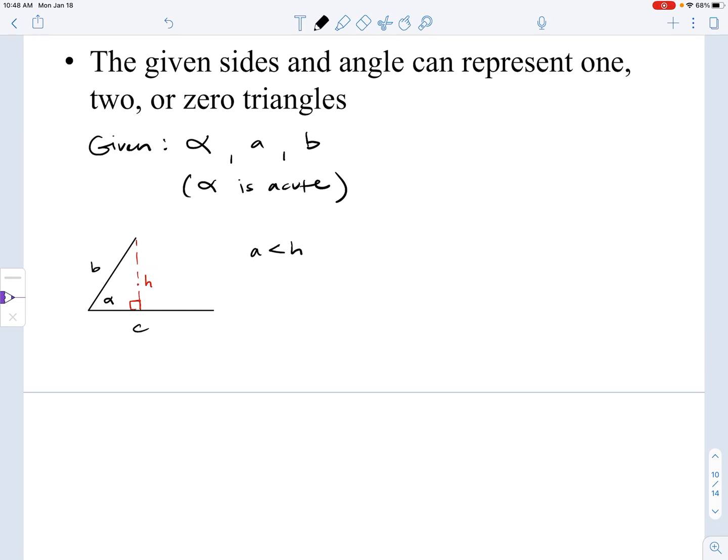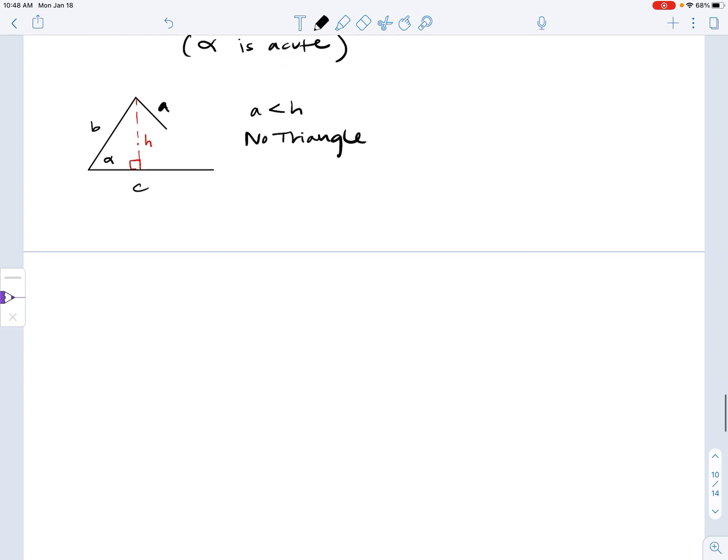So if side A is shorter than the height, think about that. Then side A would just hang here and it wouldn't be able to touch side C. So in that case, there's no triangle.